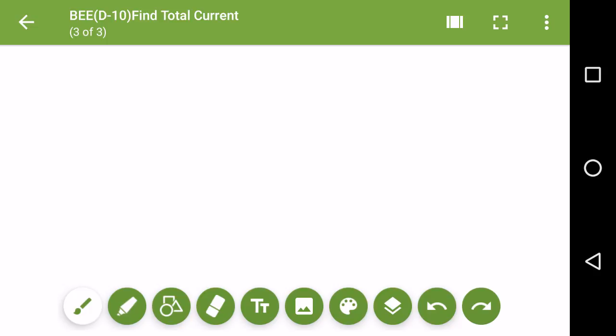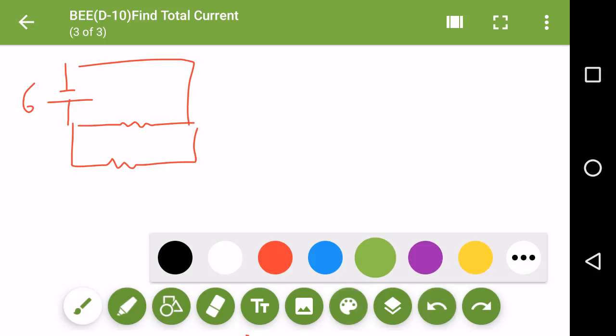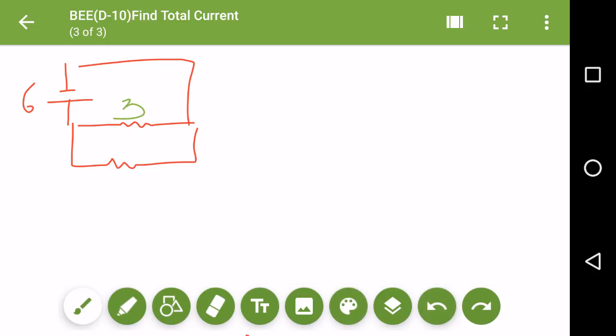So I redraw my circuit, with this resistance over here, another resistance over here, and this battery. This is my 6 volt battery, this is the 3 ohm resistance which I just found, and this is the 3 ohm resistance which is given.